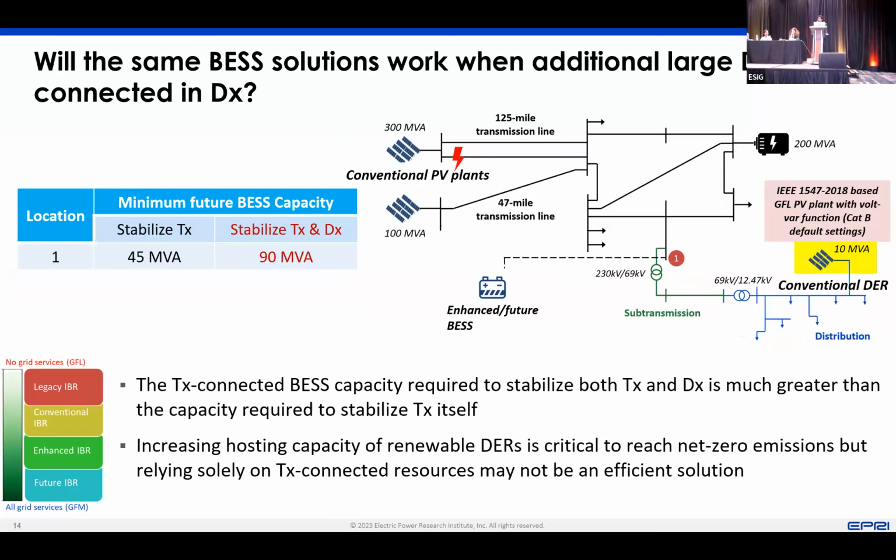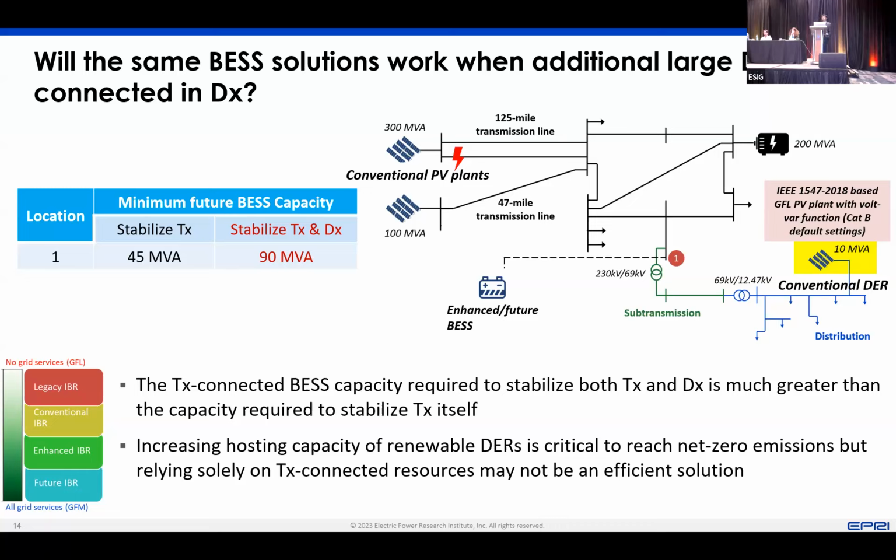Now, if you actually consider that you have a larger distribution connected resource on the distribution system, it complies with IEEE 1547/2018, has category B default settings, has volt-var, has all the good stuff that IEEE 1547 asks for. And you want to see if this DER has to be stabilized on the distribution network, the capacity of that enhanced or future battery that was required on the transmission network went from 45 MVA up to 90 MVA.